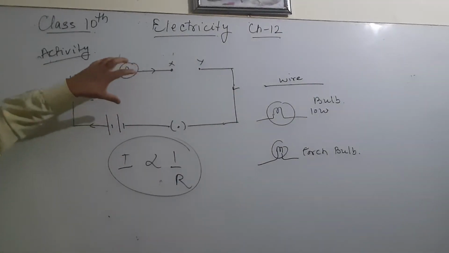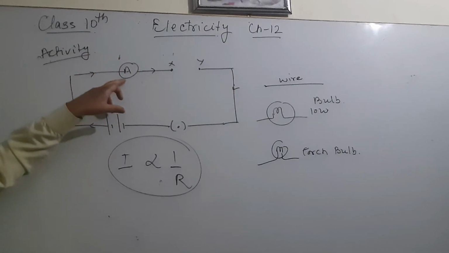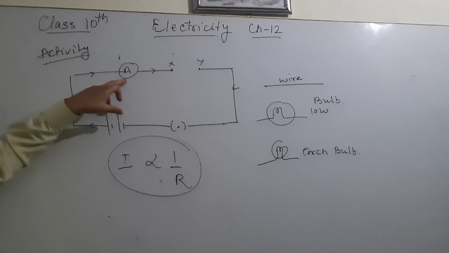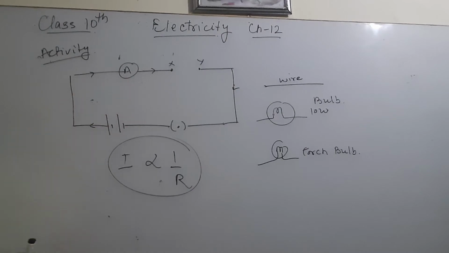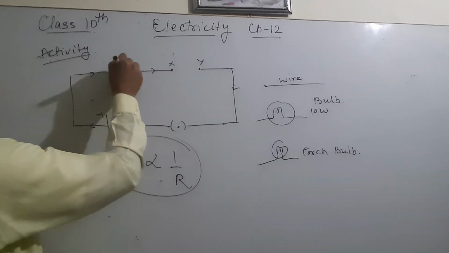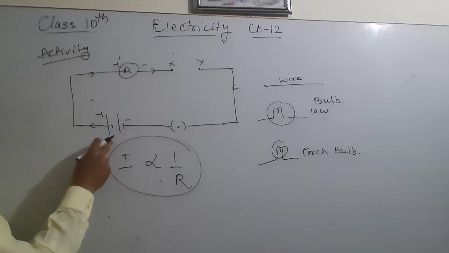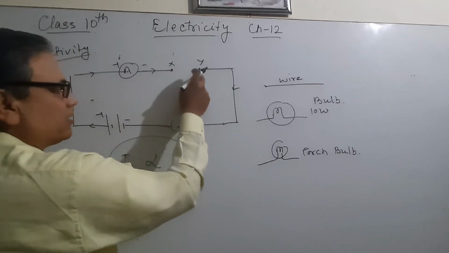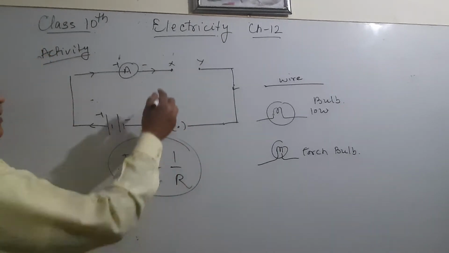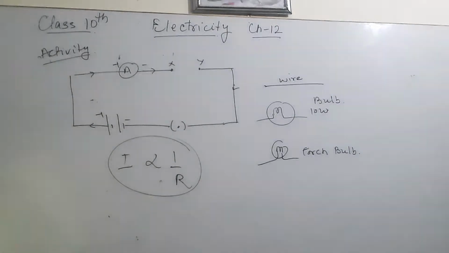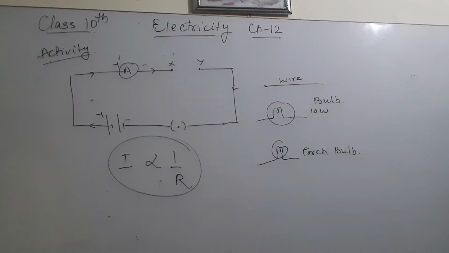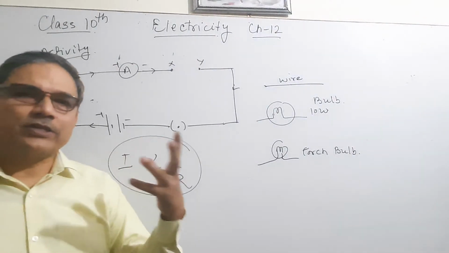For this activity, we make a circuit. First, for making the circuit, we need components like an ammeter, a battery and a switch, and between X and Y we put some electrical appliances which have some resistance.